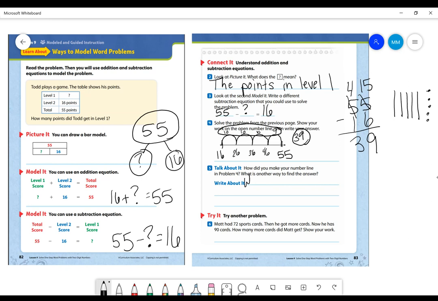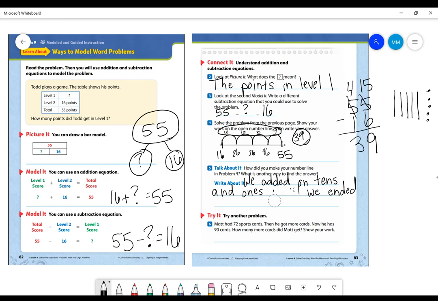We added on tens and ones until we added on tens and ones.